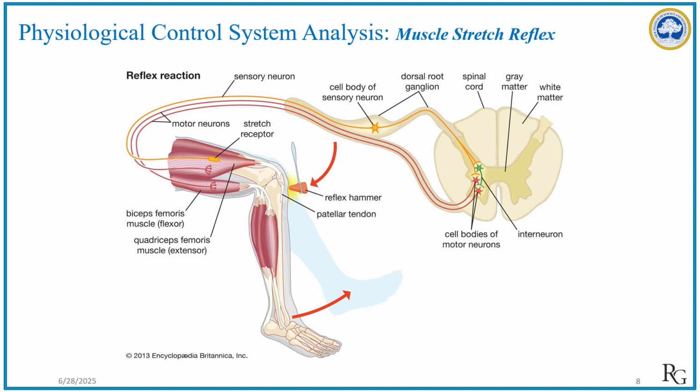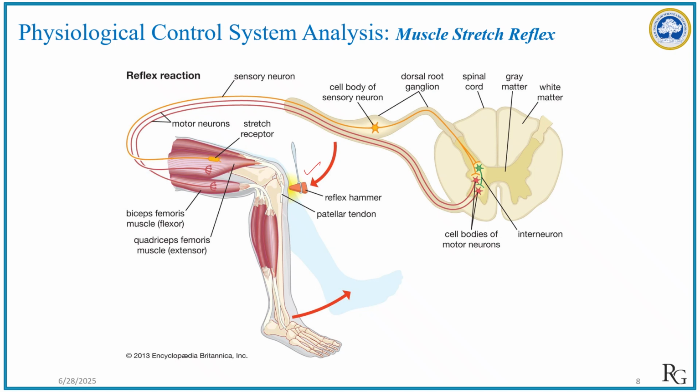This particular system starts with a sharp tap on the knee. A sharp tap to the patella tendon in the knee leads to an abrupt stretching of the extensor muscle in the thigh, to which the tendon is attached. This activates the muscle spindles, which are stretch receptors.